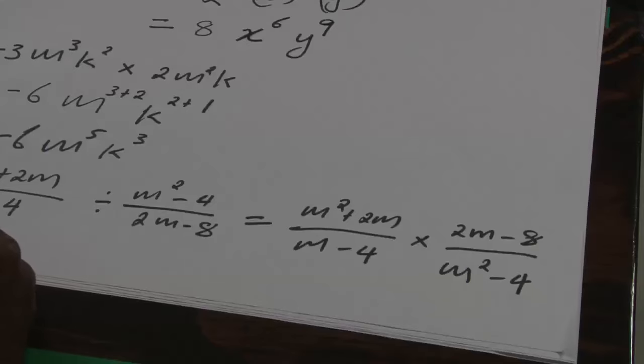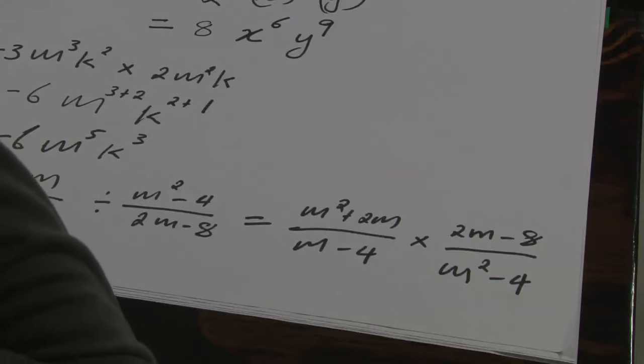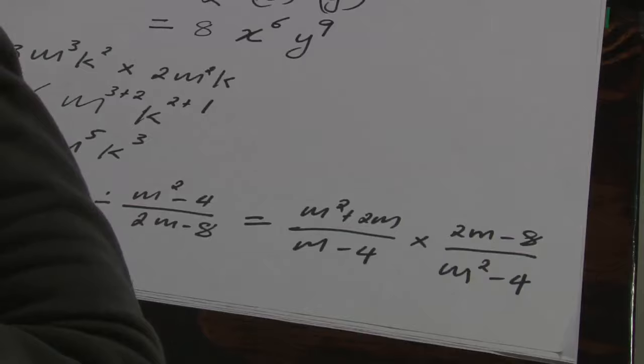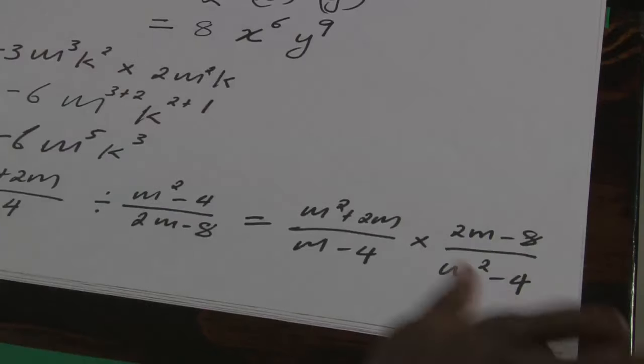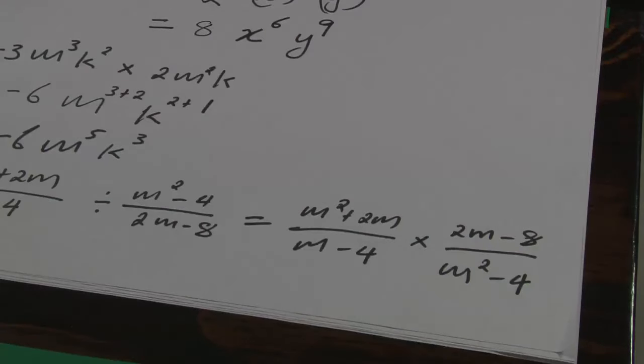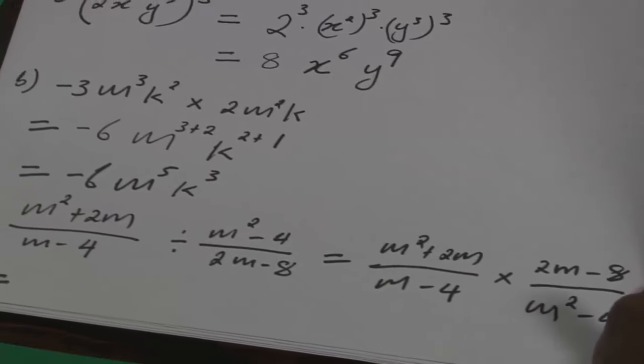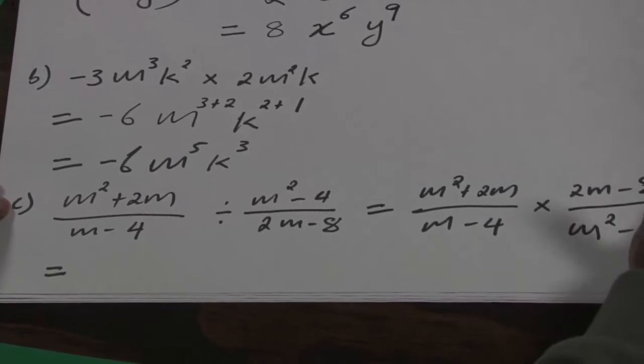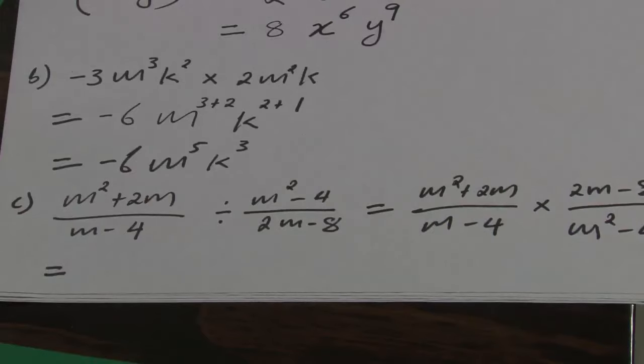That's the first thing that we have, and then we start to simplify. Multiplication of fractions, you just multiply the numerator and then you multiply the denominator. It's that straightforward. And then we note that we can factorize some of the terms, which means some of these terms have common factors.